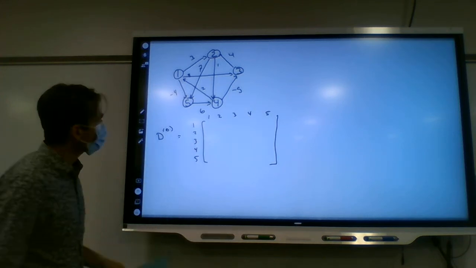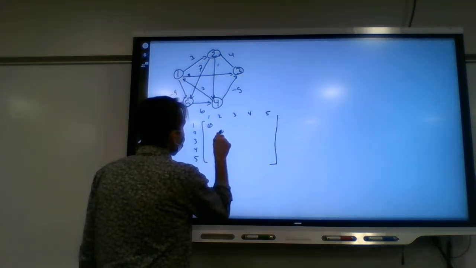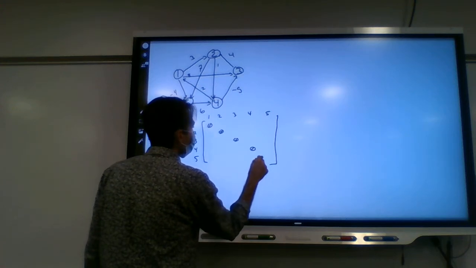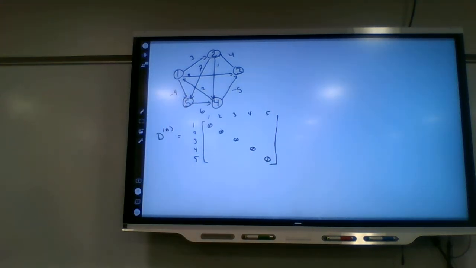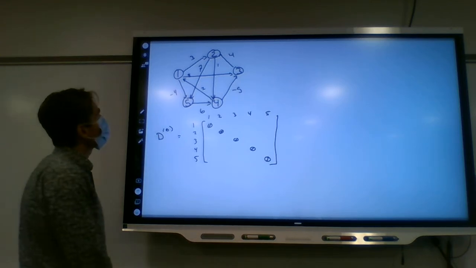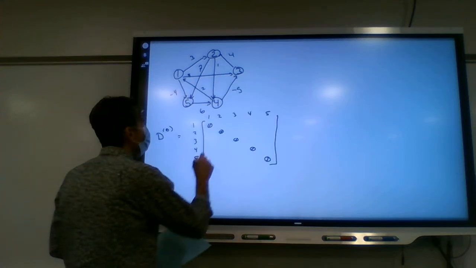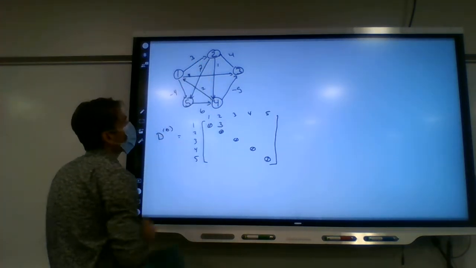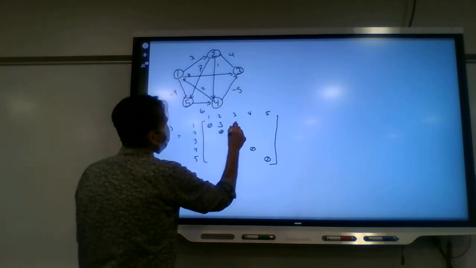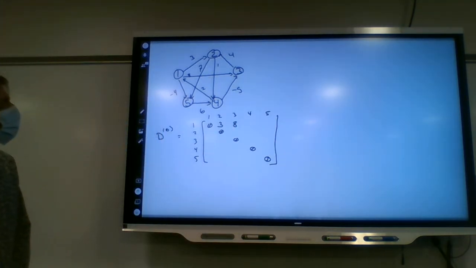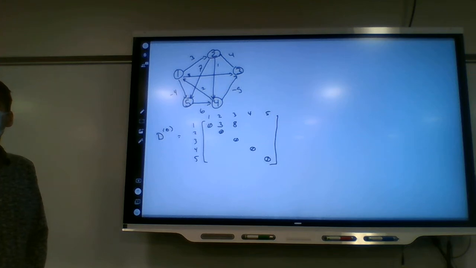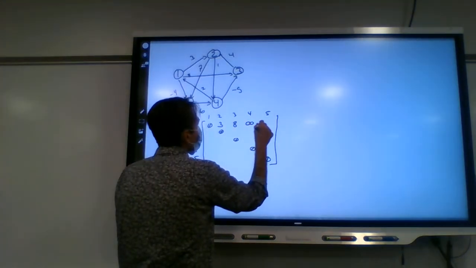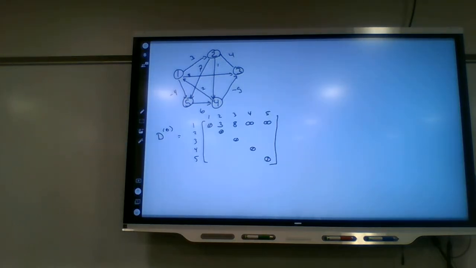All right, so first of all, we know that all the way down the diagonal we have no loops, so these have zeros. 1 to 2 has weight 3. 1 to 3 has weight 8. What about 1 to 4 and 1 to 5? You can't get there.